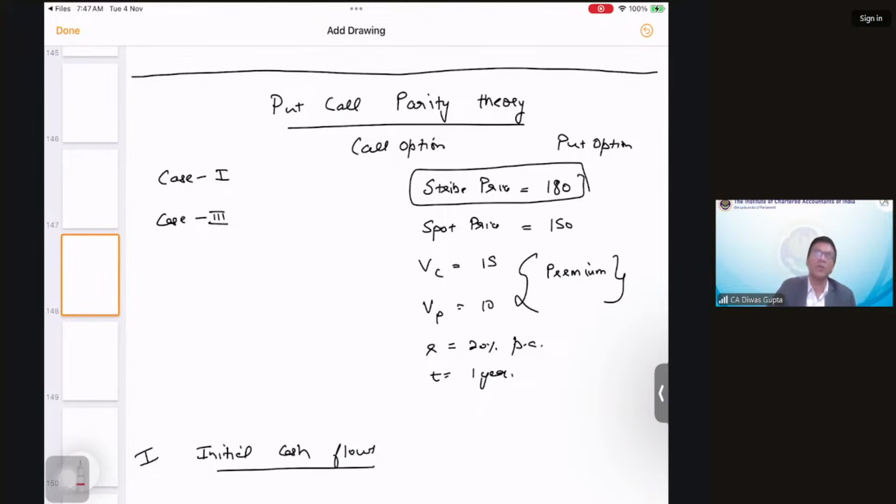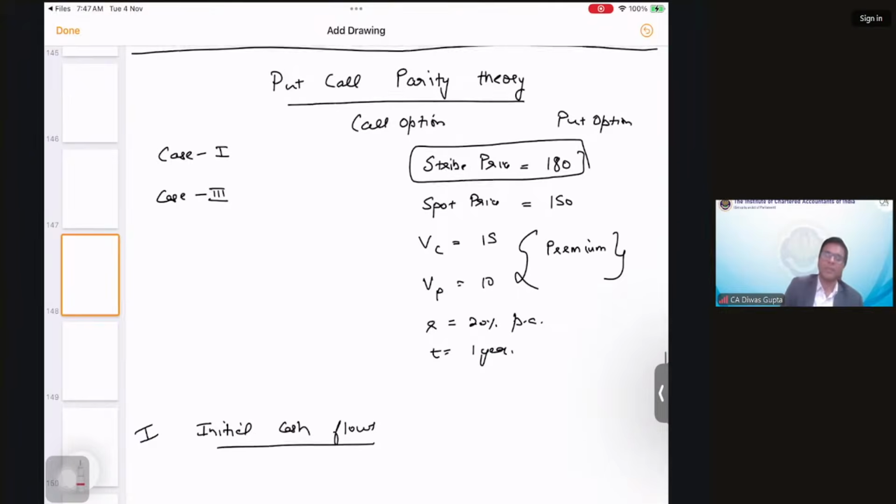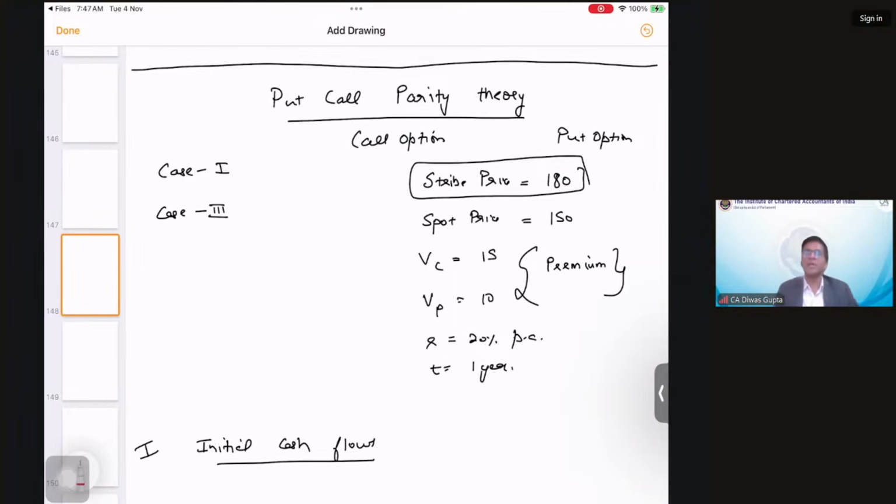If tomorrow the prices go up, the option will become lucrative and I will end up paying more amount into the payoffs, and hence I will not be in a beneficial position, students. Now let's come to put call parity theory, students.